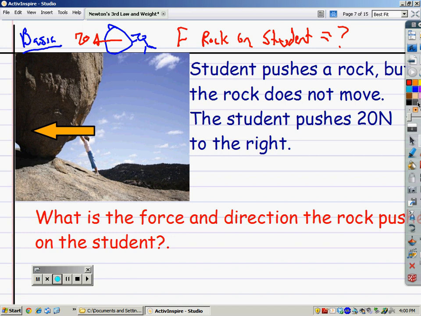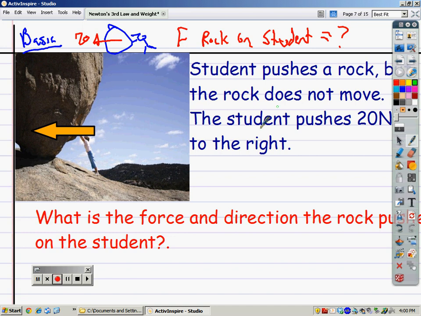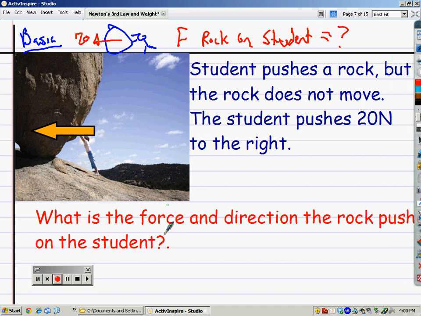Force rock on student. Question, how much is it? Well, this is only true if the student is in equilibrium. And we have, bam, the rock must be pushing up with the exact same amount this way. So the answer is 20 newtons.